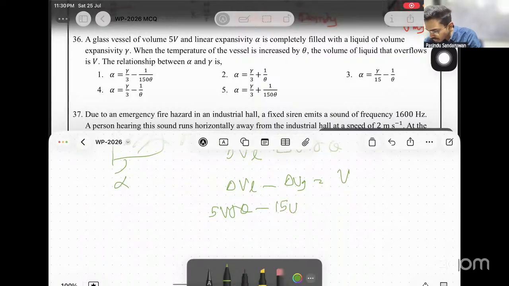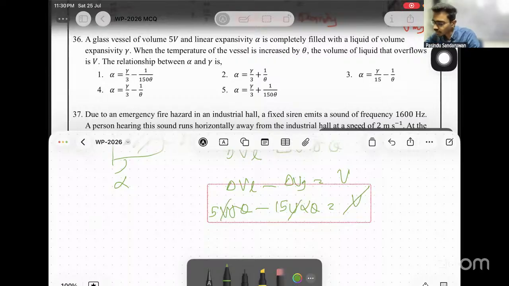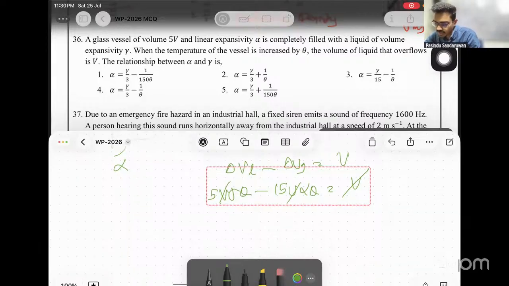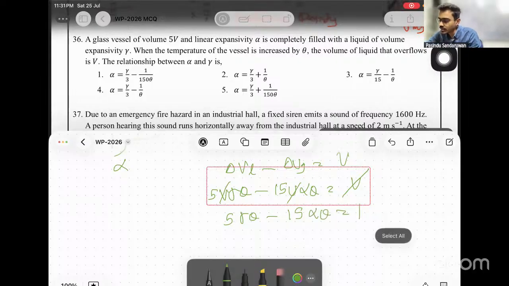That is 15V alpha theta equals V. Right, now V cancels off. V cancels off. And now one remains here. Now 5 gamma theta minus 15 alpha theta equals 1.